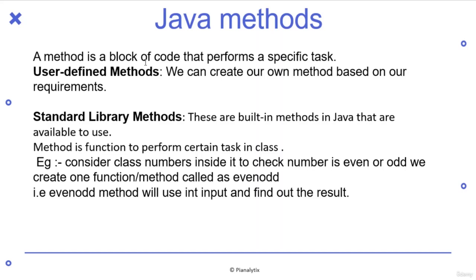There are some standard library methods, like scanner and system, all the standard library methods that I mentioned, which are built-in methods in Java. If you want to check whether a number is even or odd, you can create an even-odd function, that's user defined. But I specified some library methods like random, system, and .in, which are basically system defined methods.